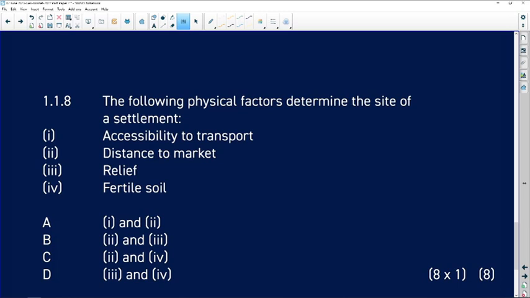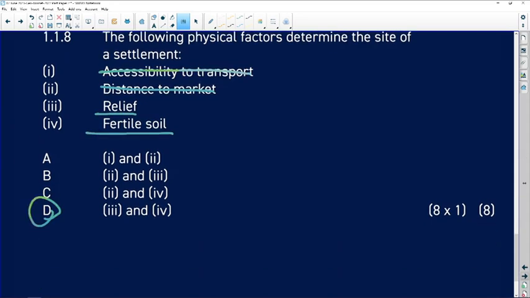When we look at the situation, that's the accessibility of roads around us. So immediately, we can throw this one out of the picture. Second, the distance to the market, we can also leave that one out. So the correct answer will be relief and fertile soil, and that will be D.